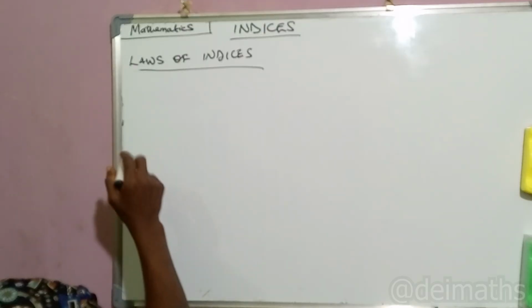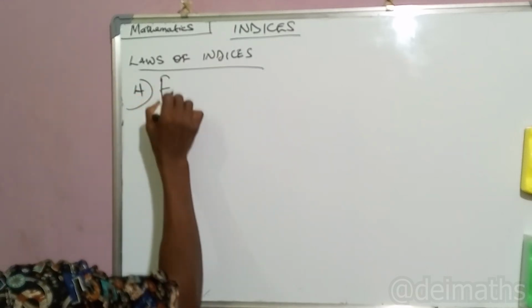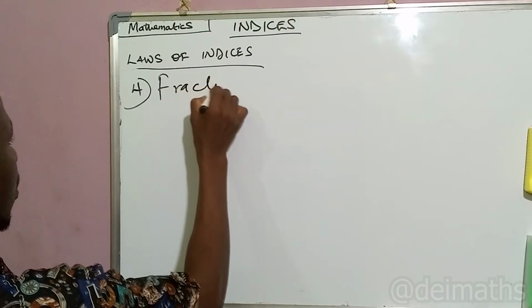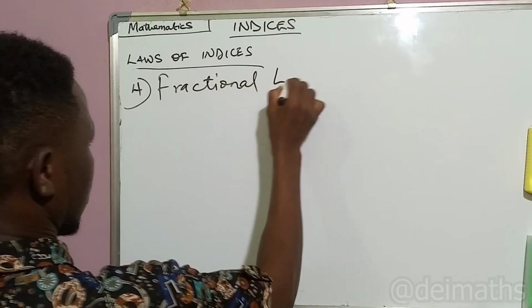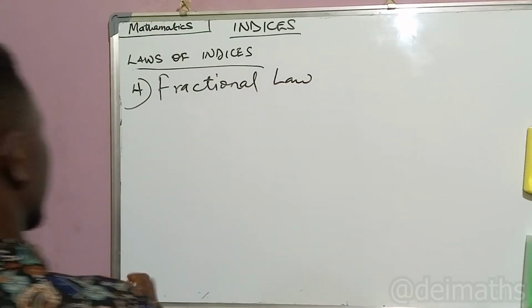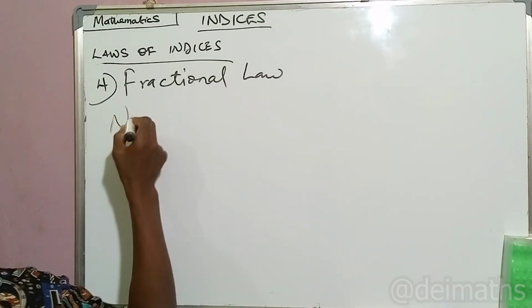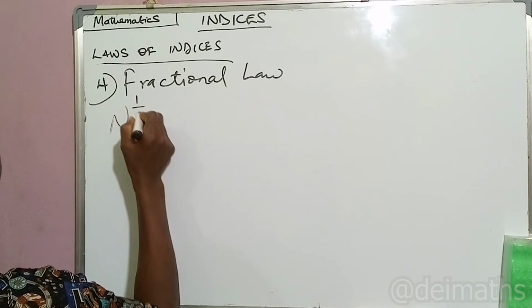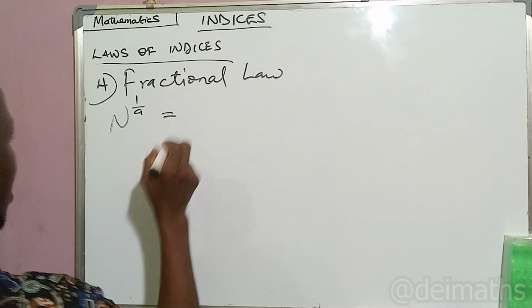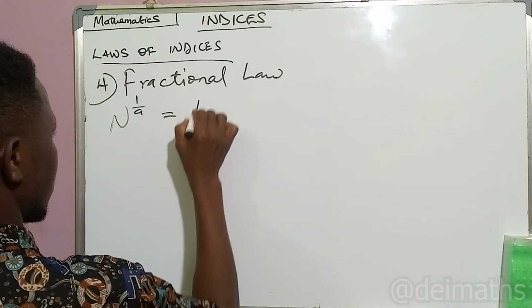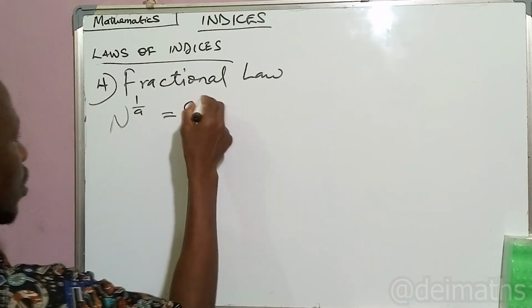The fourth law of indices is number 4, the fractional law. The fractional law says that when we have a number n raised to power 1 over a, the answer should be the a-th root of n, where a is the denominator.